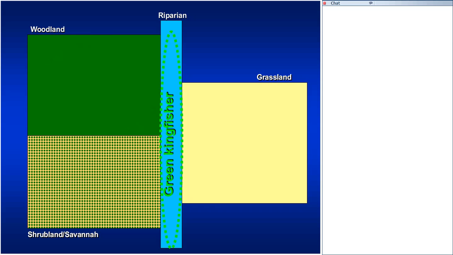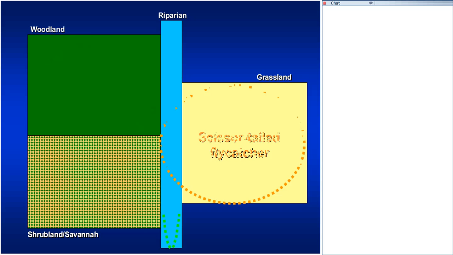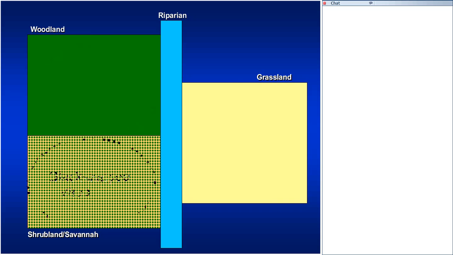Scissortails we might think of as having a little bit of overlap, depending on the type of riparian habitat. Depending on how open the savanna habitat is, we might have some scissortail, but it's much more of a grassland bird. In the hill country, a bird that's very much associated with and uses savanna shrubland, or more of a shrubland habitat, is black-capped vireo, and it's really not associated with woodlands or grasslands per se.